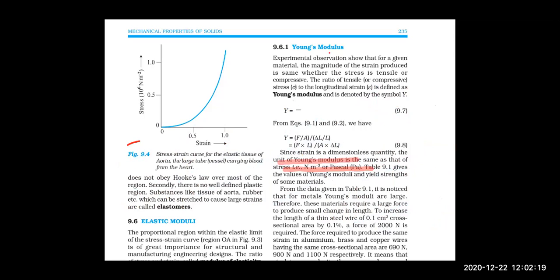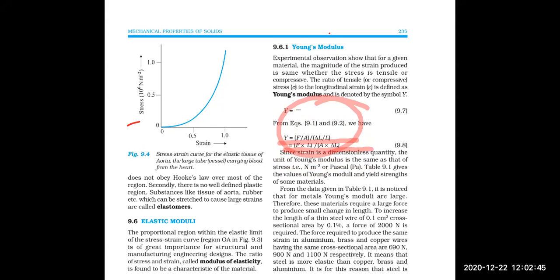So Young's modulus, its value differs from material to material. Young's modulus depends upon the nature of the material, and it does not depend upon the dimensions. It does not depend upon length, breadth, or area of the substance. Right, children? So this is your Young's modulus.